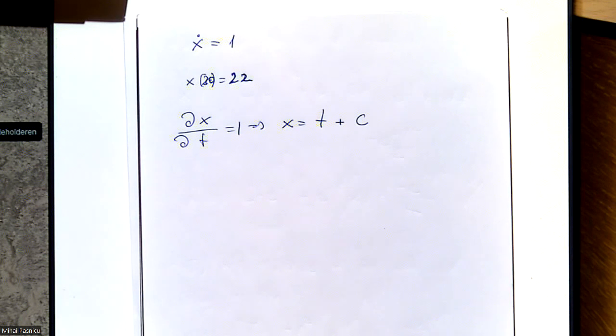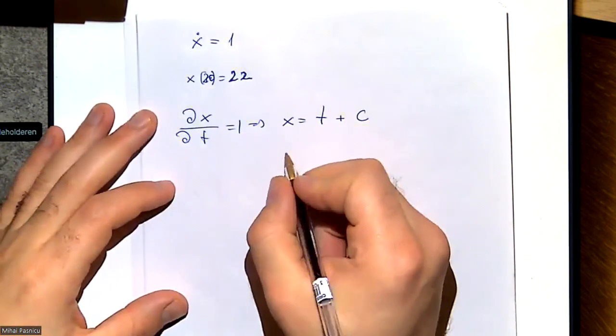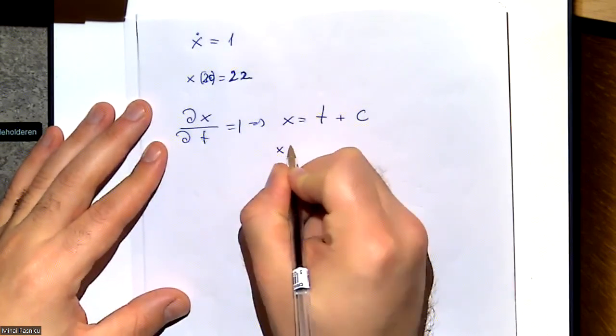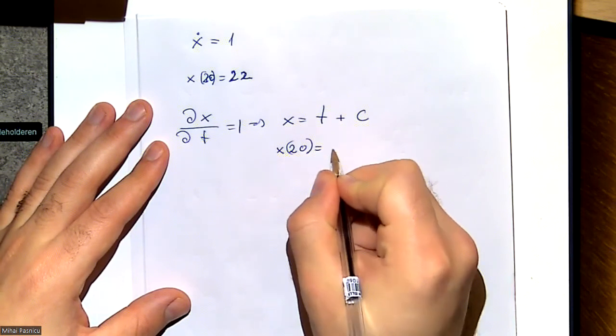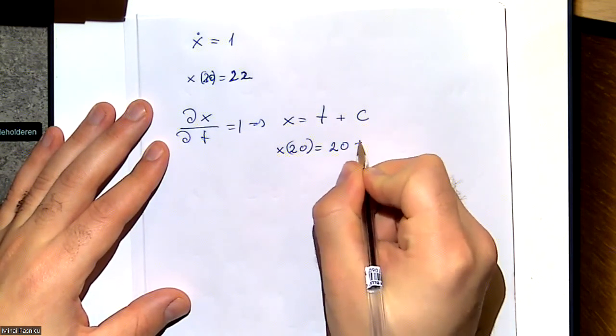This is the completely informal way, and I just wanted to remind you to always keep in mind that x dot is just the derivative of x, nothing more, nothing less. So in this case, the way I would solve it, x of 20 would just be 20 plus a constant.